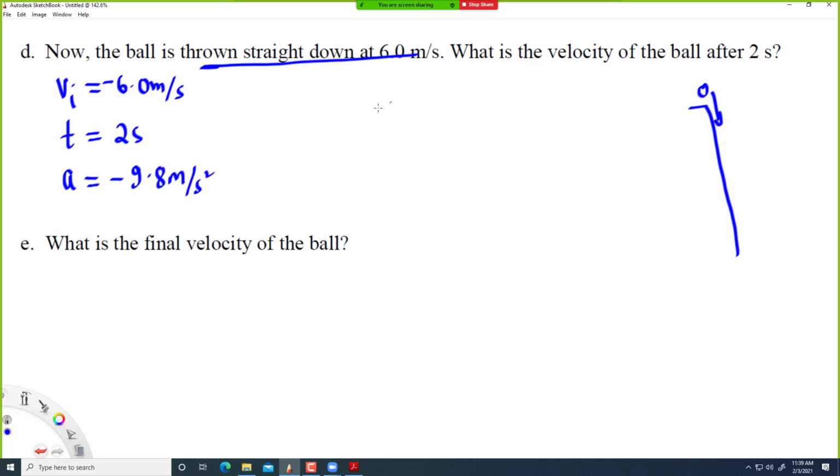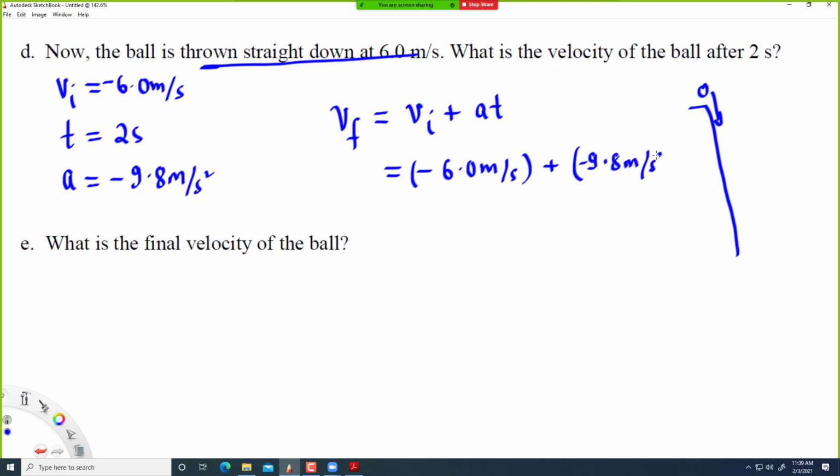So we want to find vf. vf is vi plus at. vi is negative 6 meters per second plus negative 9.8 meters per second squared, time is 2 seconds, and that will give us negative 25.6 meters per second.